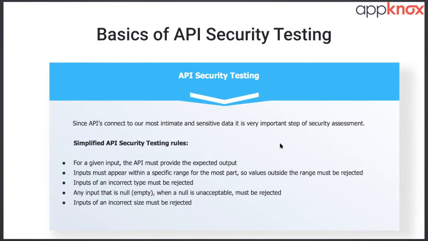Inputs that are allowed should be in a specific range, and any value outside that range should be rejected. Input of any incorrect type must be rejected, and any input that is empty when it is not required should be rejected. And any incorrect size of input should also be rejected. These are some of the basic API security testing rules.